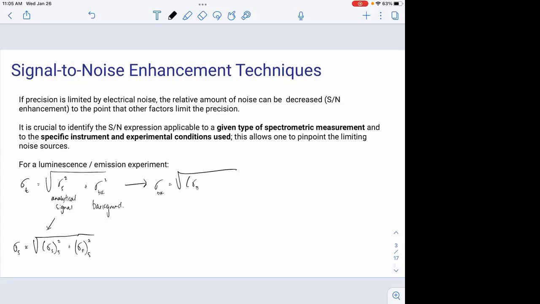If you were to put some sort of blank sample on your instrument, one source of noise could be from your background sample itself. The other could be dark current. So total dark current.